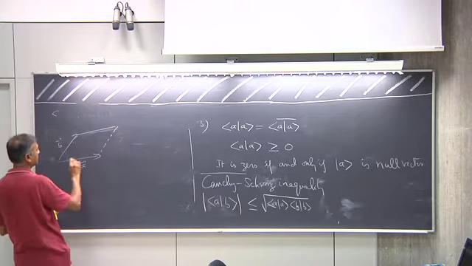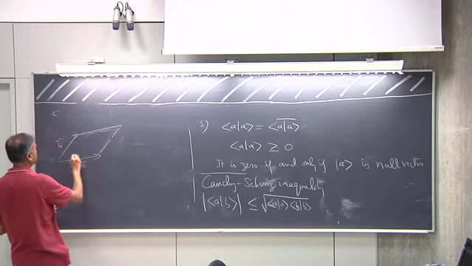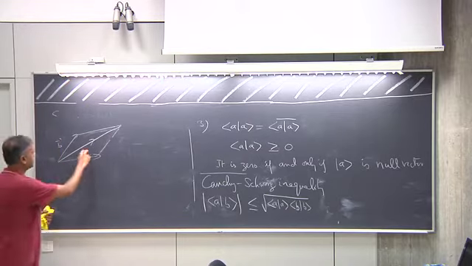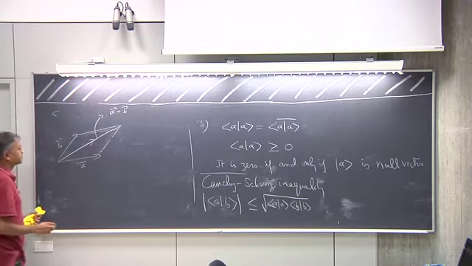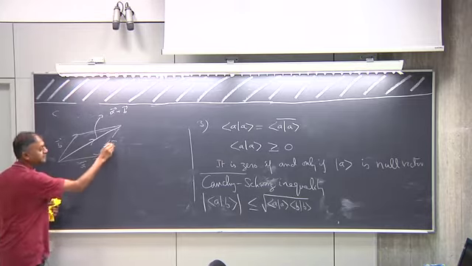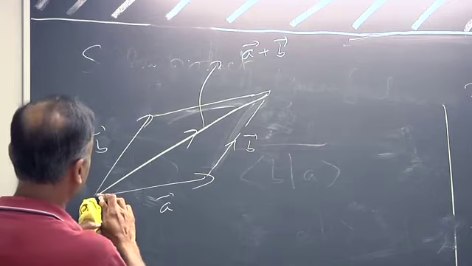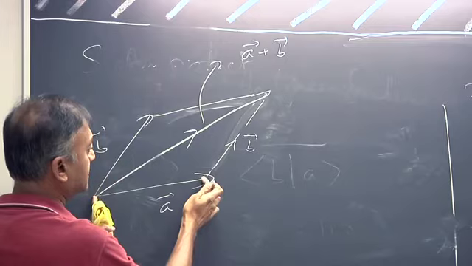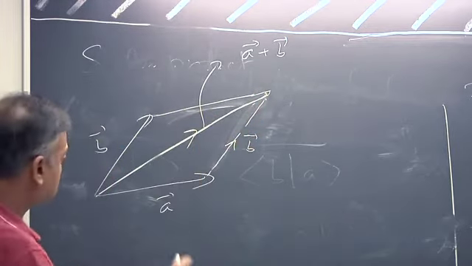You have to draw the parallelogram, and this is A plus B. These two are parallel, so this is also B. The triangular inequality says that the length of this is going to be less than or equal to the sum of these two lengths. That is the triangular inequality.